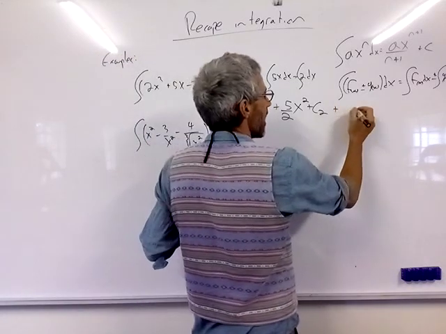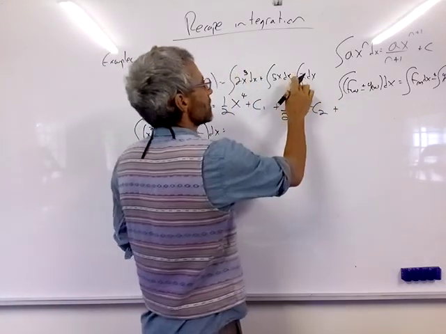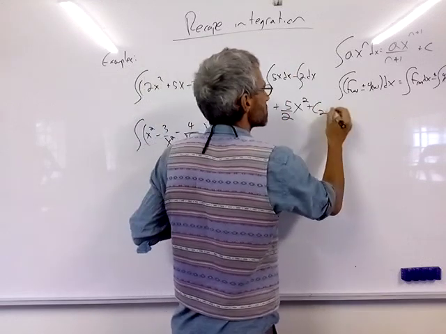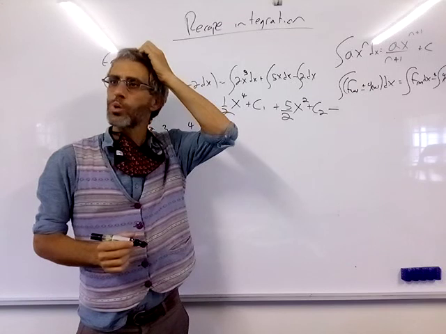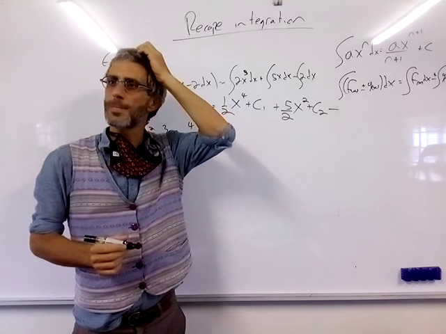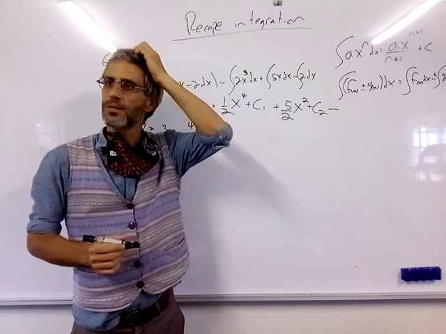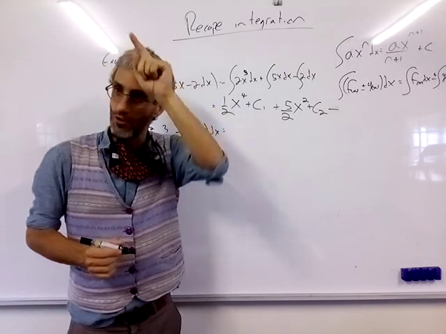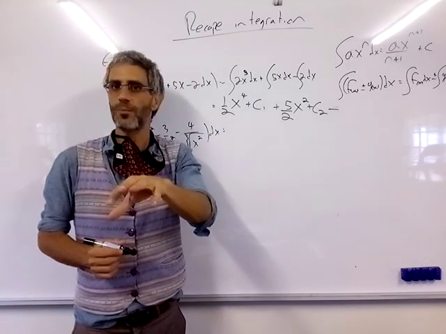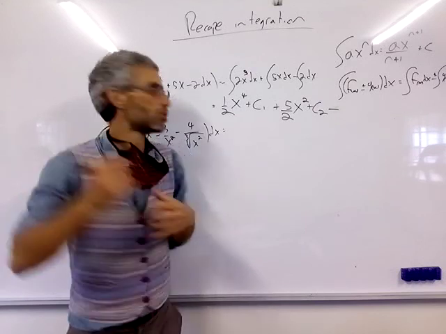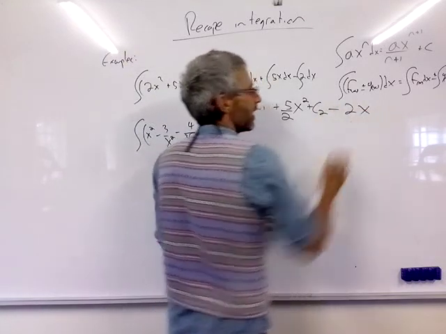Plus, okay, what happens to the 2? Well, maybe I will ask you there. So it's not plus, it's minus. What's the integral of 2, when you have just a number? The derivative of 2 is 0. The derivative of a constant number is 0. But the integral will actually be 2x.